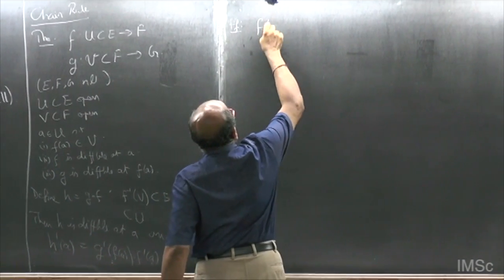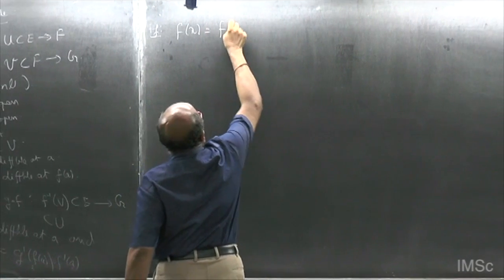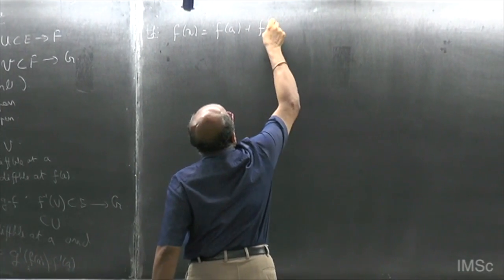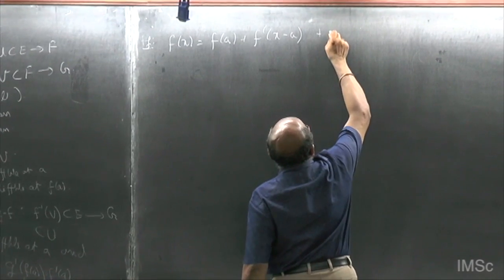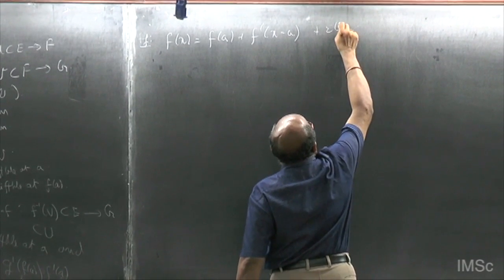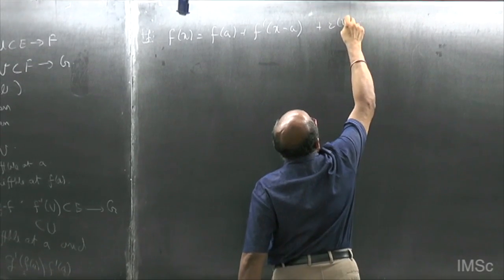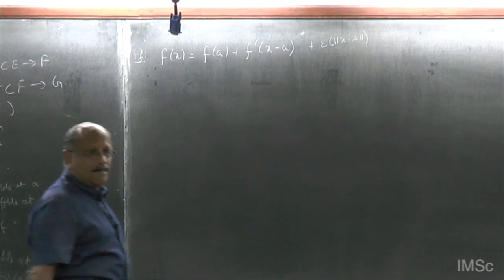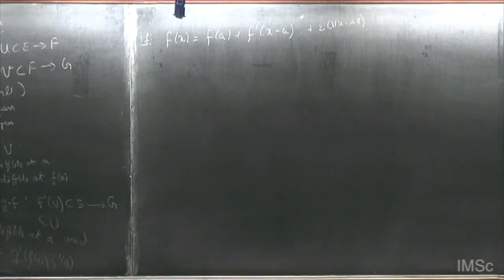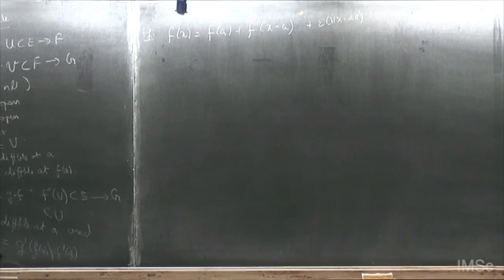So, we can write f(x) equals f(A) plus f'(A)(x − A) plus epsilon times norm x − A. This is the definition of derivative.